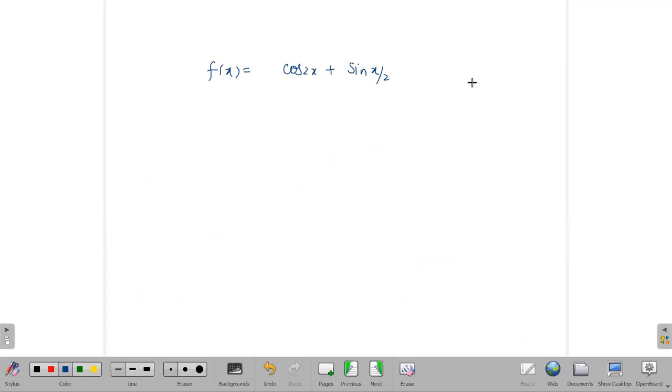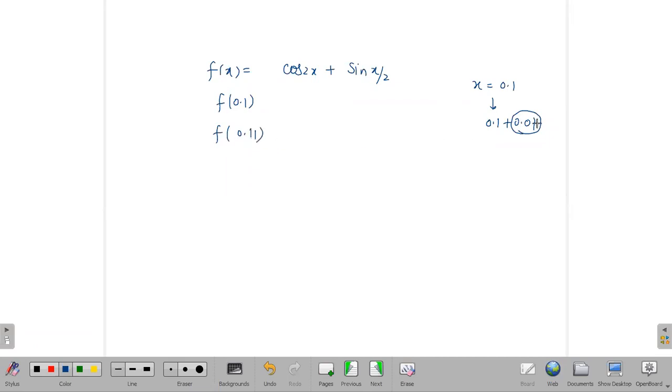If I'm taking x equal to any number, say 0.1, and another small change in this, 0.11, then 0.1 will give you some value of this expression, and 0.11 is a small change in 0.1, so you will get a small change in that value.